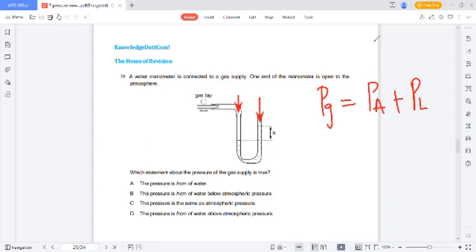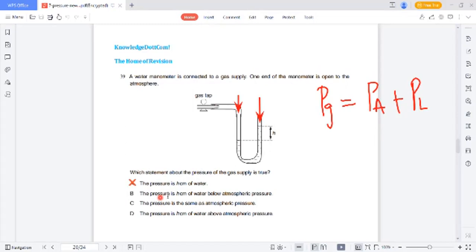So the gas pressure is equal to the sum of these two. The pressure is h centimeters of water. So it is not h, it is h plus atmospheric. So this option is incorrect.